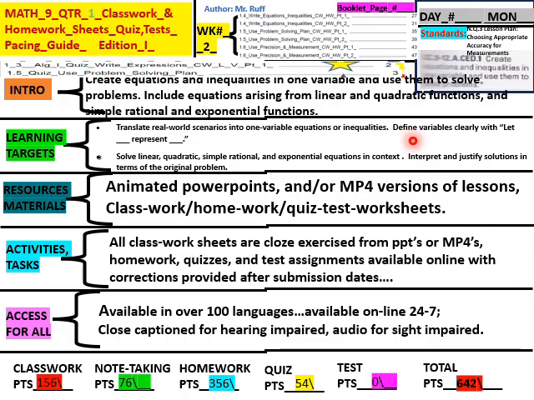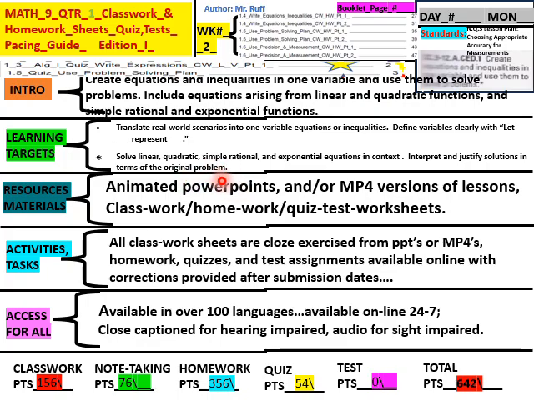Define variables clearly with let blank represent blank. Usually it's let f of x equal y or represent y, or we have a variable x which represents some variable in the problem. Solve linear, quadratic, simple rational, and exponential equations in context. Interpret and justify solutions in terms of the original problem. So we learn how to do that.